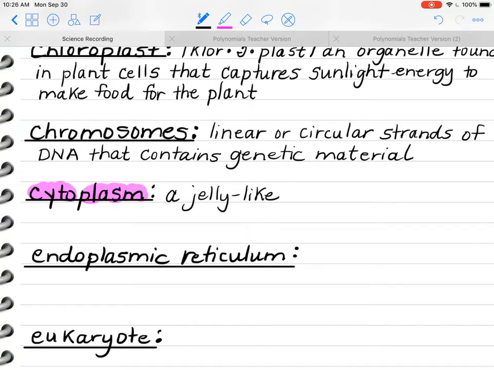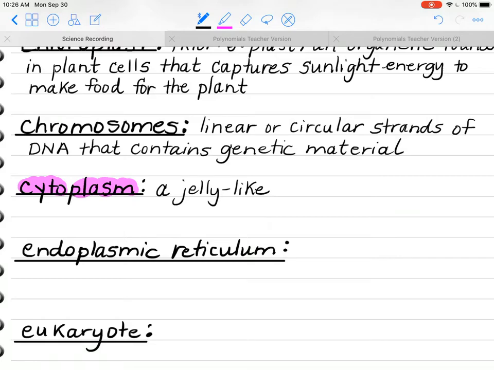It has the consistency of jelly. Watery Vaseline would be a good way to think of it. That fills a cell and holds organelles.